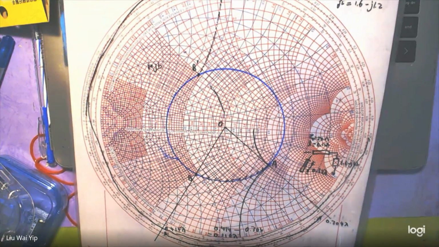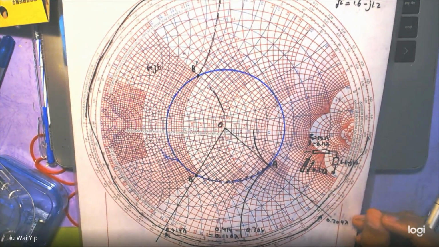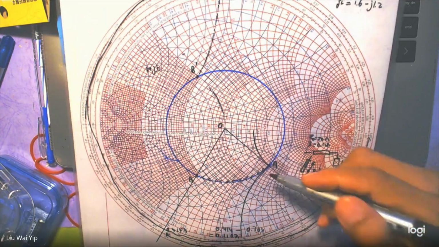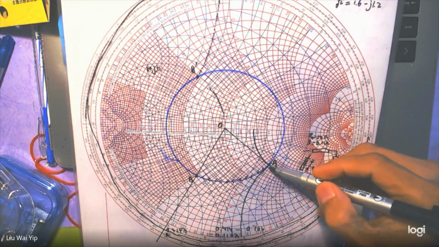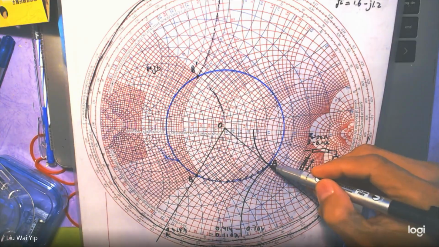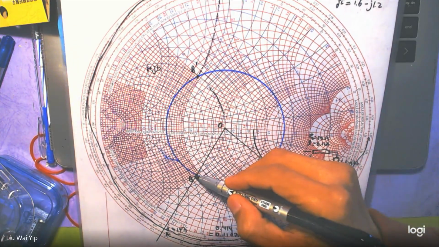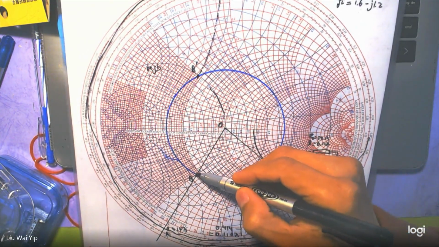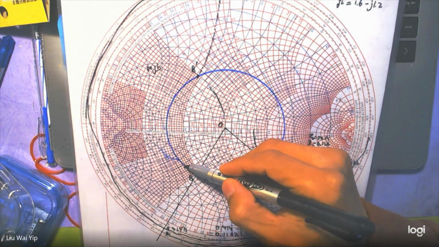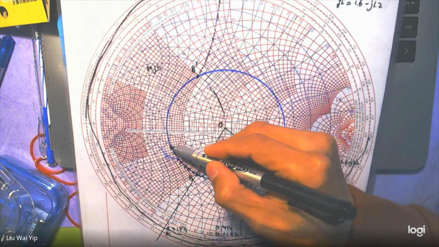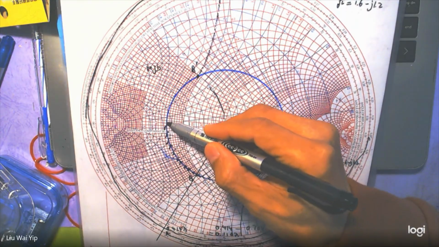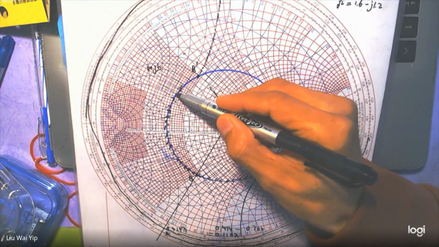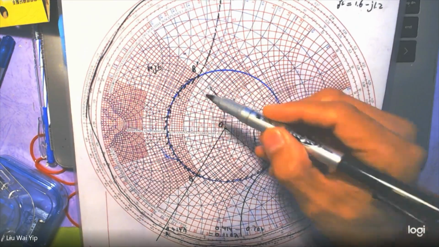So this is your first solution. But this is just one option. There is another option as well. Instead of dragging from point A to point B, you can continue to drag non-stop until you meet B prime.